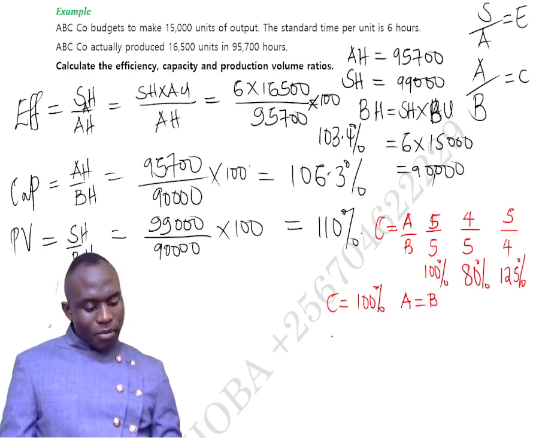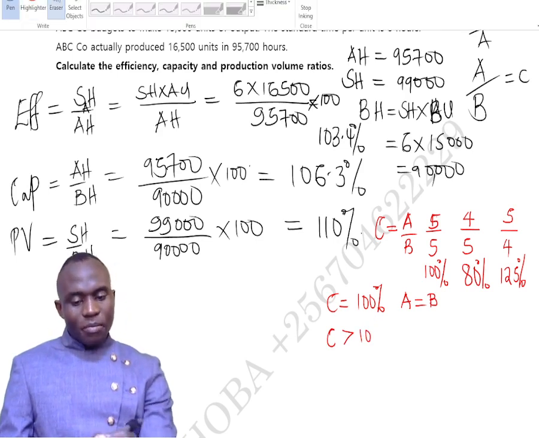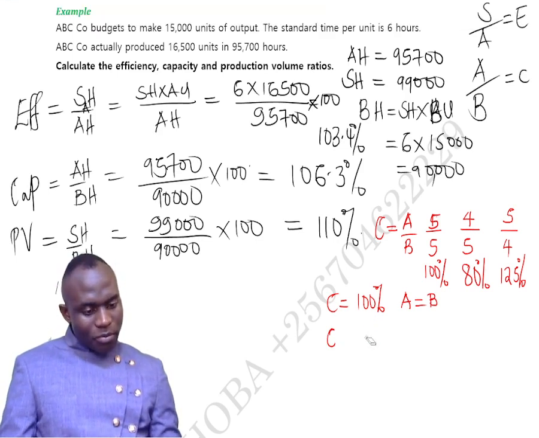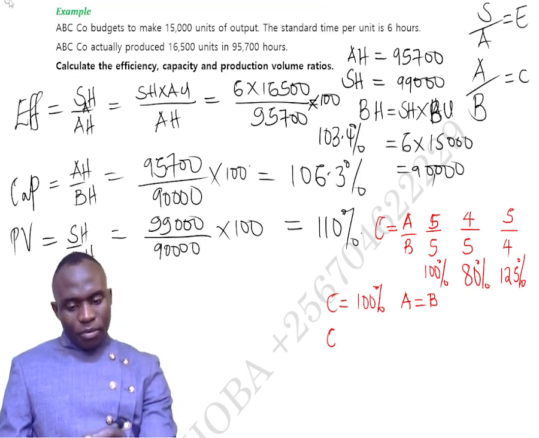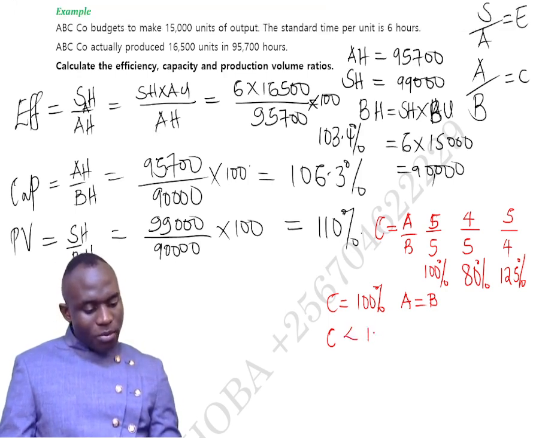Next, if capacity ratio is less than 100%, what does it mean?